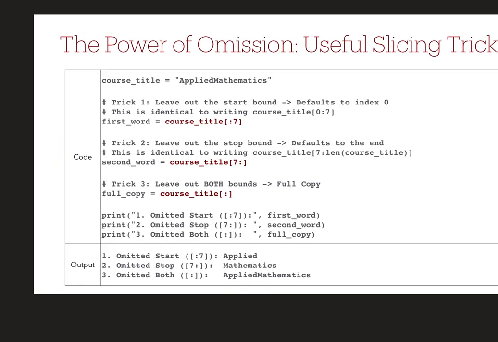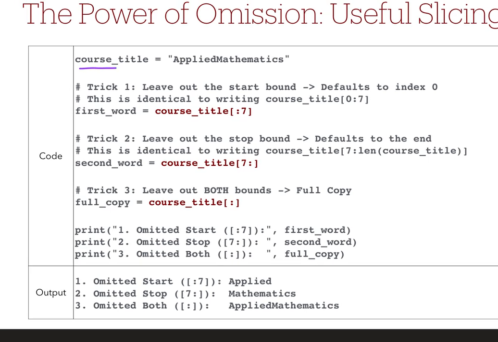So, given this course title, say Applied Mathematics, if I see this expression, course title, square bracket, and colon 7, then that means from the first letter, I want to access 7 letters from the beginning. This one means since the stop value is omitted, I want to access the letter corresponding to the index value 7 to the end.